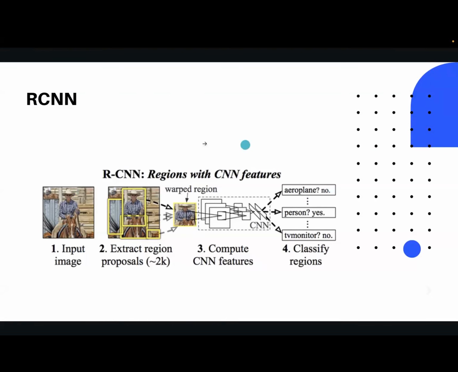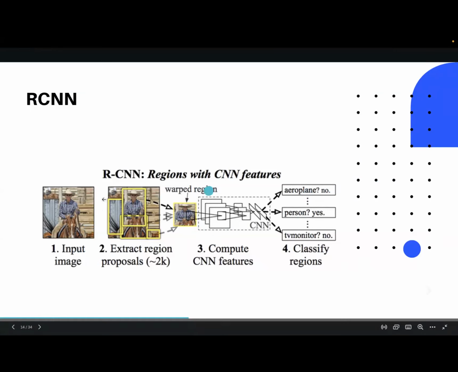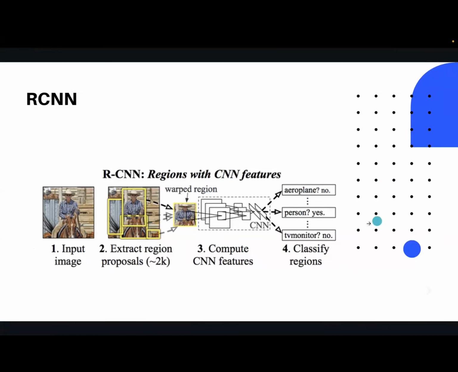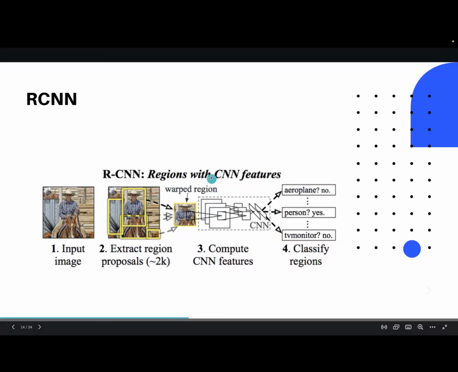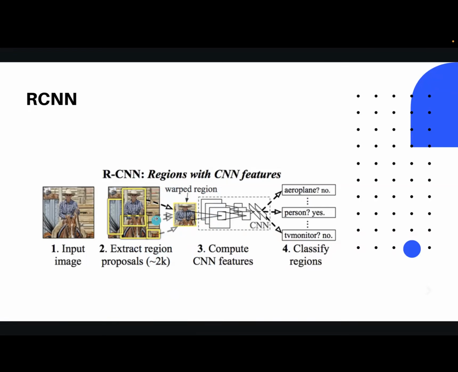And the RCNN family, as we said, started with a very basic example of just selective search, followed by a CNN applied on each one of these selective search regions. Important thing to note: the conversion from the selective search image to an exact same size image that goes into the CNN.